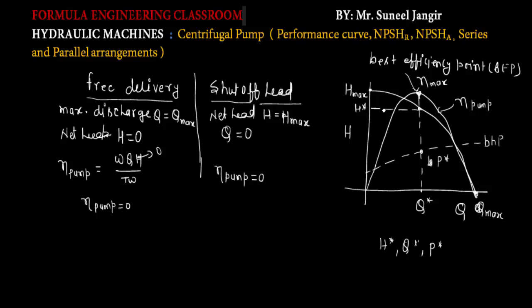So this is H star, this is P star, and this is Q star. All these 3 values are available at the best efficiency point.